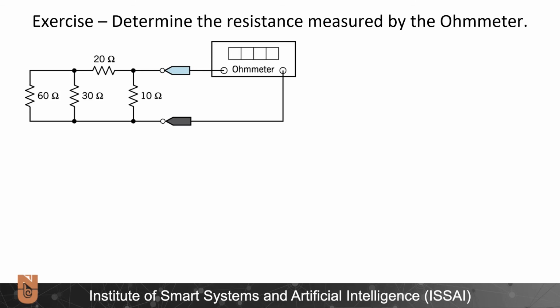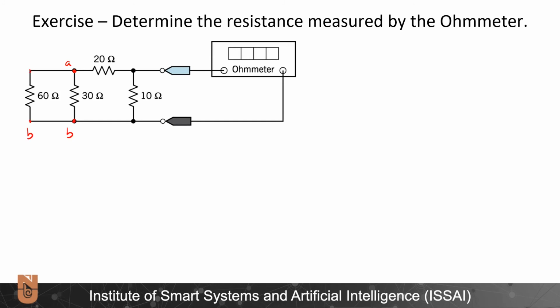Alright, in this example, we need to determine the resistance measured by the ohm meter. We will do this by reducing the resistances using series and parallel resistance rules. In the first step, I observed that 60 ohms is in parallel to 30 ohms because they are both connected to the same nodes.